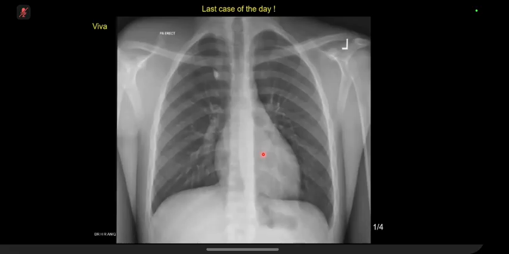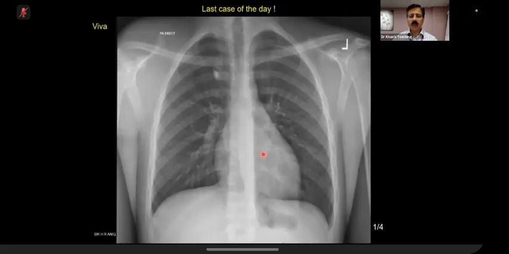Last tip of the day is regarding observational films in the exam. And listen to this carefully. What will happen in the exam is that there will be cases in which the findings will be subtle and you are never going to pick them up initially. I have given you a few examples in the last part of the day.